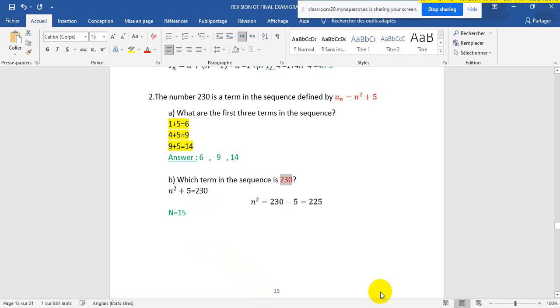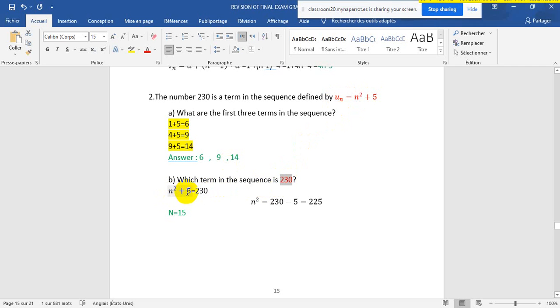So there were two questions I explained before. Now we are at maybe question number 21, something like that. The question is, which term in the sequence is 230? This is your nth term of the sequence. Just put un equal 230, meaning n squared plus 5 equals 230.